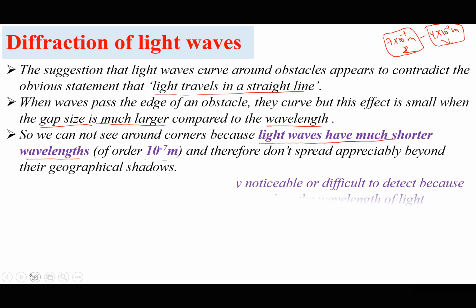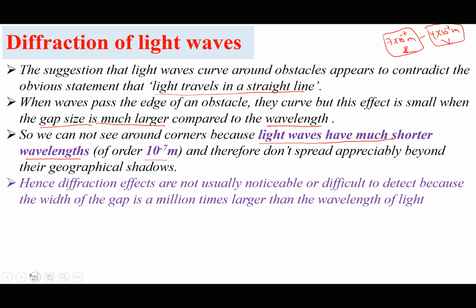So hence, diffraction effects are not usually noticeable or they are difficult to detect because the width of the gap is 1,000,000 times larger than the wavelength of light. So even if light is passing through, let's say, the smallest opening of 2 centimeters, this is still large because look at the wavelength.